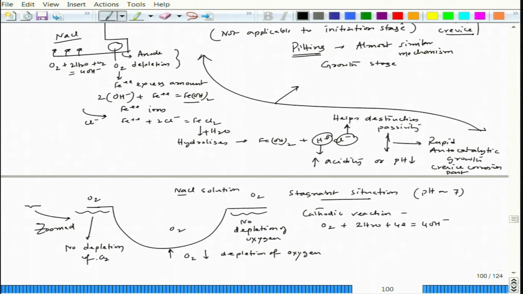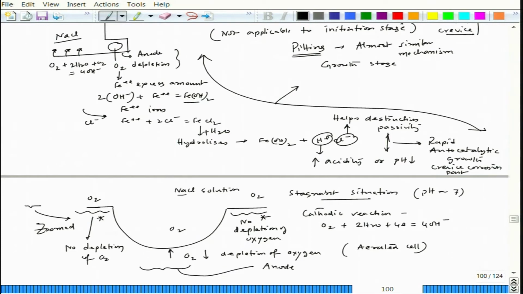So if the pit is depleted and the flat part is not depleted of oxygen, this cathodic reaction will continue in this section as well as in this section. But since the pit is depleted of oxygen, it is an aeration cell and the pit part would become anode.